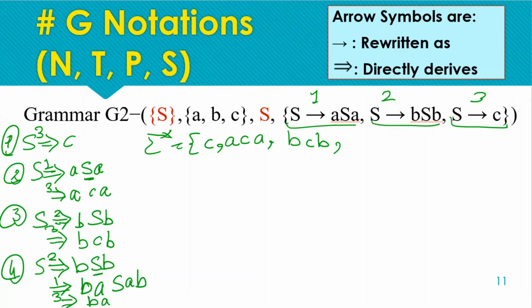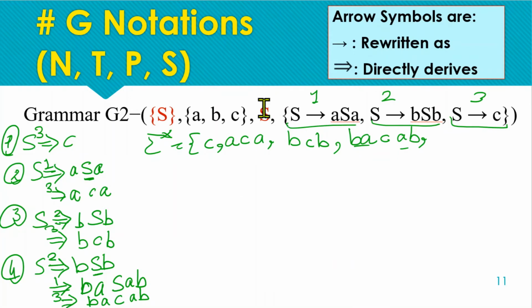If you check carefully, we are just repeating the occurrence of A and B in the left hand side and also at the same position in the right hand side. So we are generating a string of palindrome. What we have in the left hand side, we have its reverse in the right hand side.